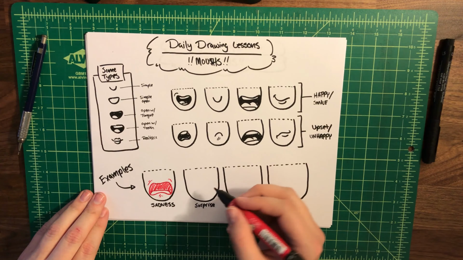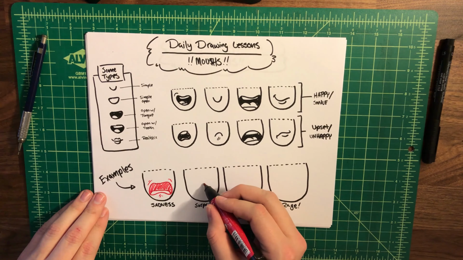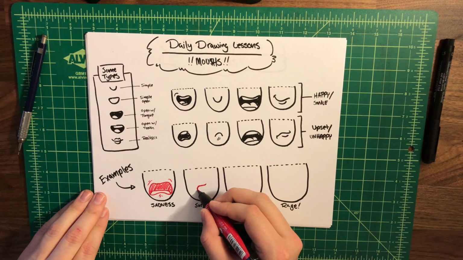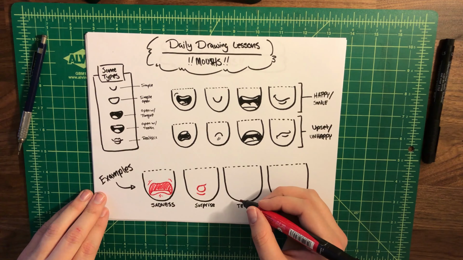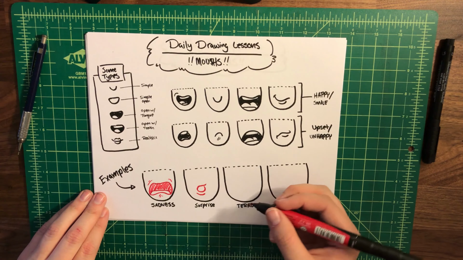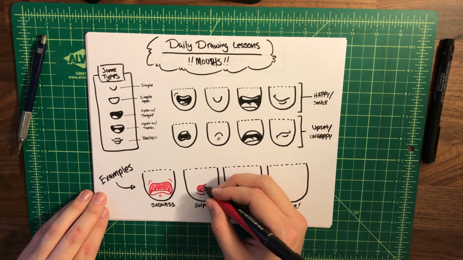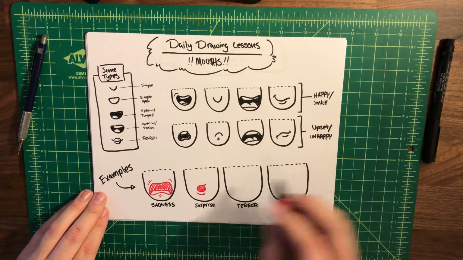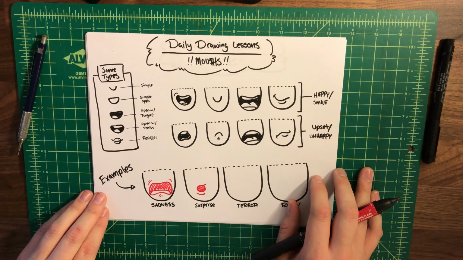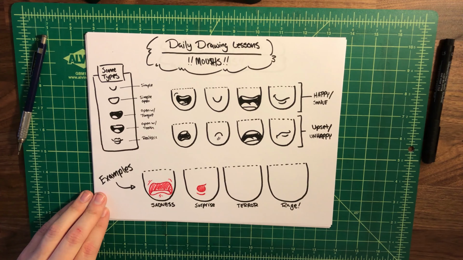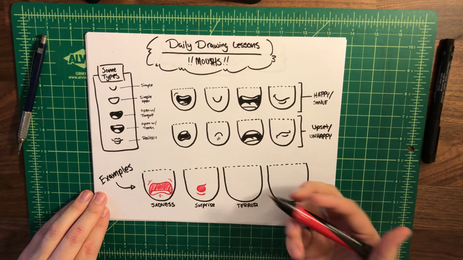Now, surprise is a lot different. It's a lot simpler. It's something like this right here, adding a little line for a lip. So this person's like, oh, wow, ooh, something like that. And then just fill it in. You don't have to show any tongue or teeth. Then you have the person that's in complete terror.